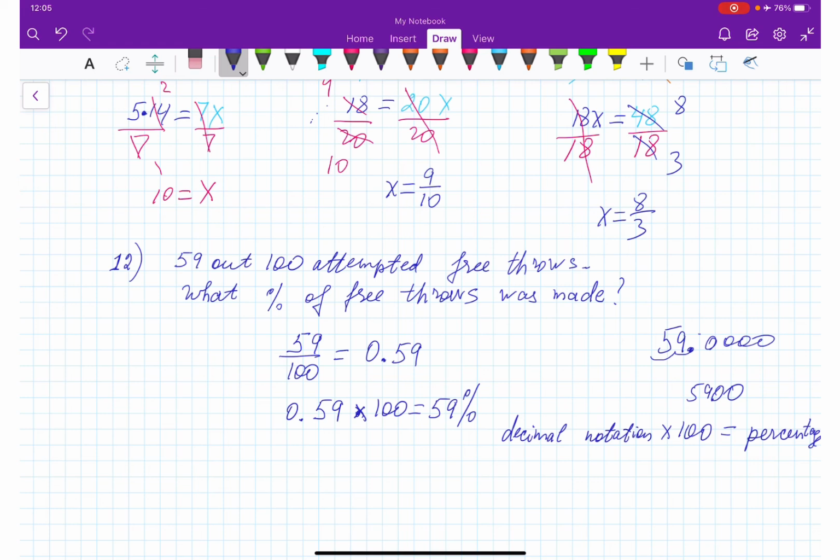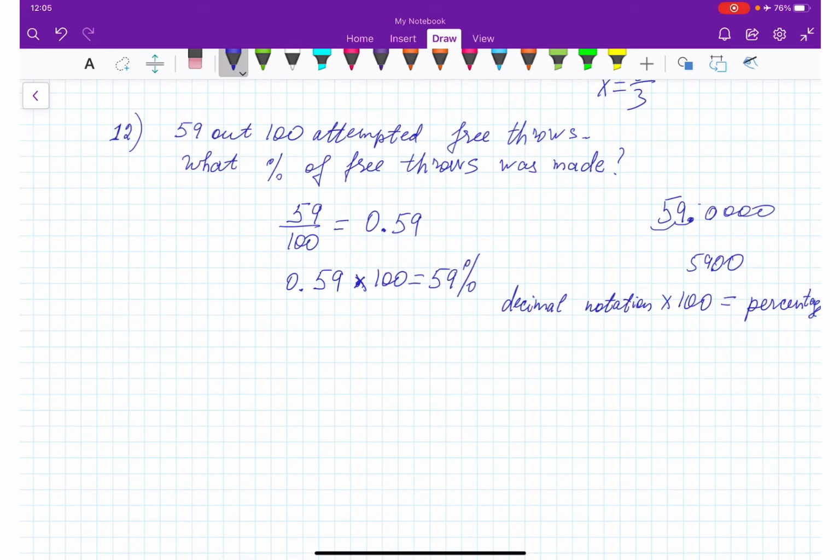Yes? So let me see, what if I would have, let's say, instead of 59 out of 100, let's assume I'm getting 5 out of 20. Yes? It's 5 out of 20 attempts. It's going to be 5 over 20, right? Which, if I reduce, is going to be 1 over 4. 1 divided by 4 is going to be 0.25, right?